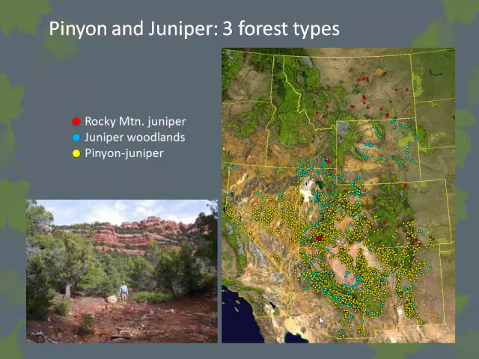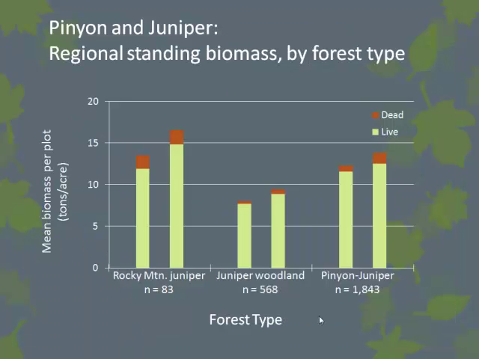Juniper woodlands include Utah juniper, one-seed, alligator, western juniper, and a few others. By far the most widespread and abundant is the pinyon juniper forest type. That's defined by having not only a pinyon species present, but it has to be successfully regenerating on the site to be that forest type.